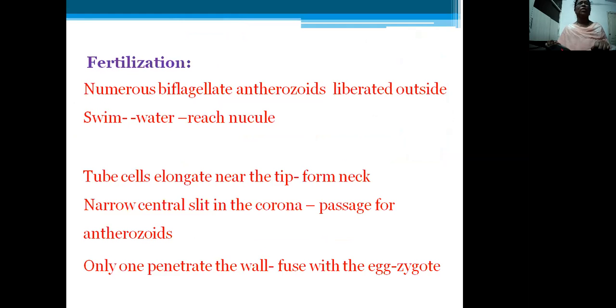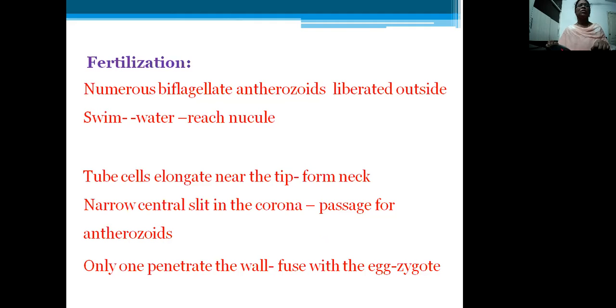So during fertilization, the fusion is by the oogamous method. During fertilization, numerous biflagellate antherozoids are liberated outside. When the shield cells of this globule move apart and are ruptured, the mass of antherozoids is liberated. These biflagellated antherozoids swim towards the oogonium, where the coronary cells move apart.